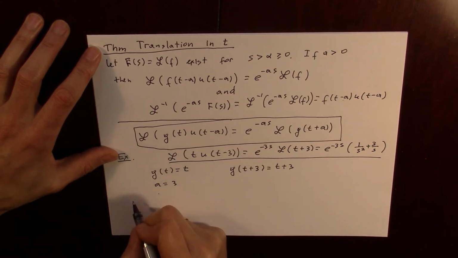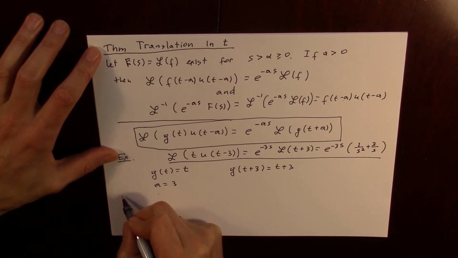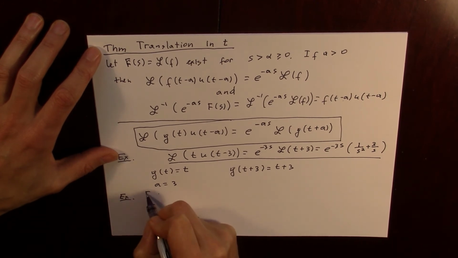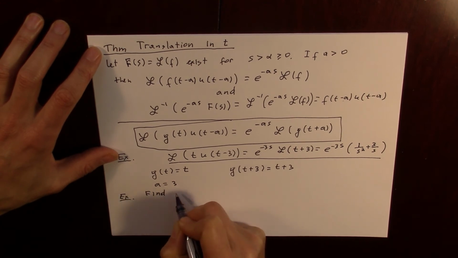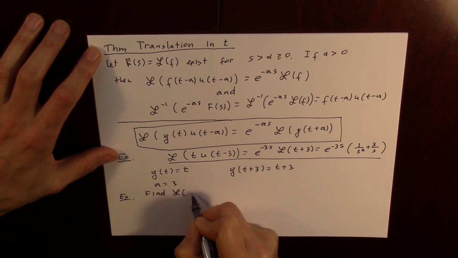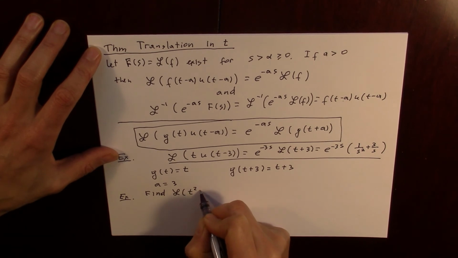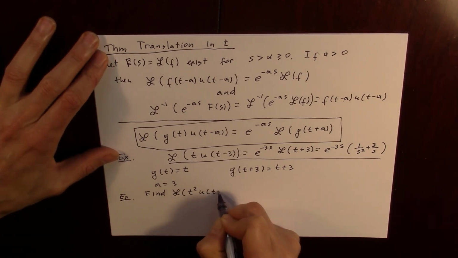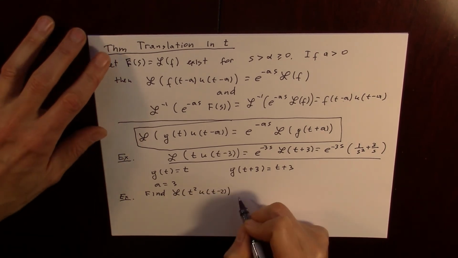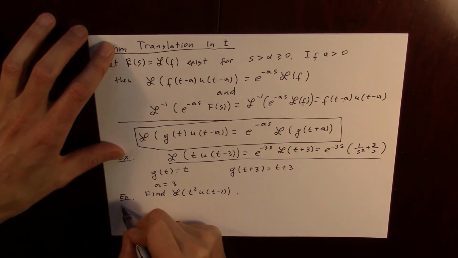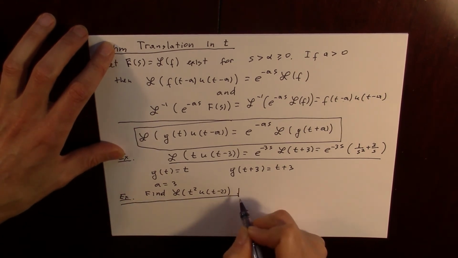Alright, so let's quickly write down one more example. Find the Laplace of t squared times the step function u of t minus 2. So we want to use the formula.